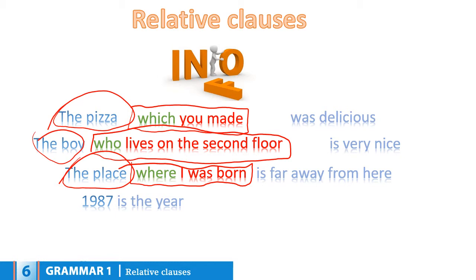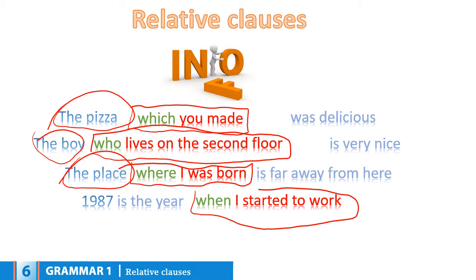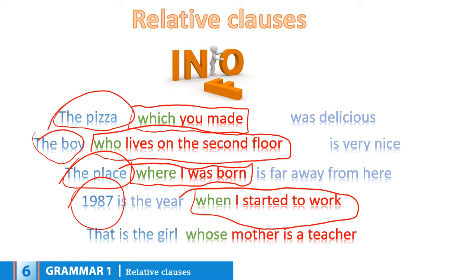1987 is the year. What year? When I started to work. Oh, now I know. Okay. So 1988 you started working. That's right, very good. That is the girl. What girl? Whose mother is a teacher. Okay. That's it.